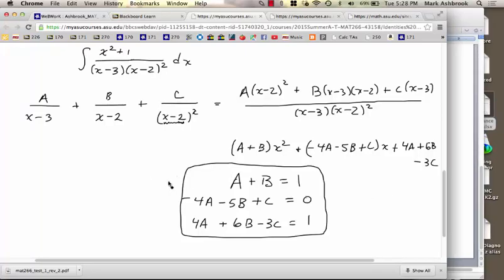And then we find a, b, and c. Anybody have it? So let's see. We can eliminate 4a.